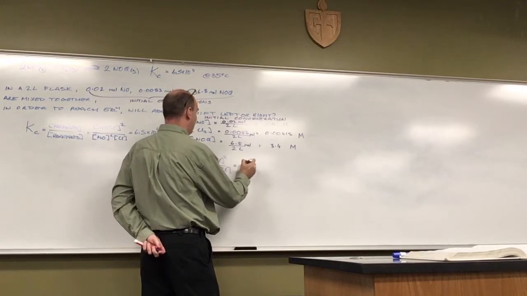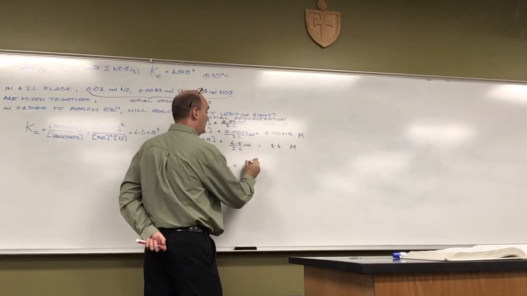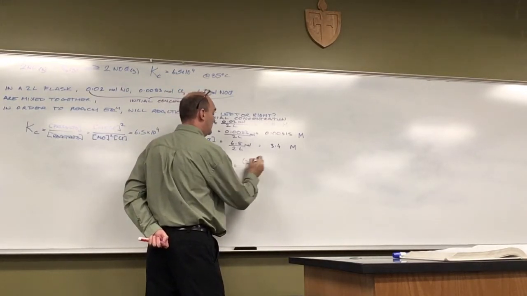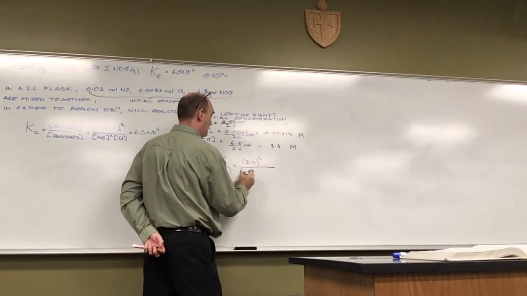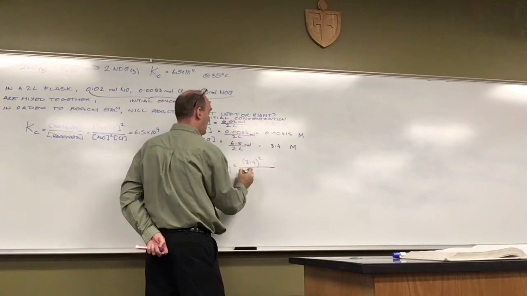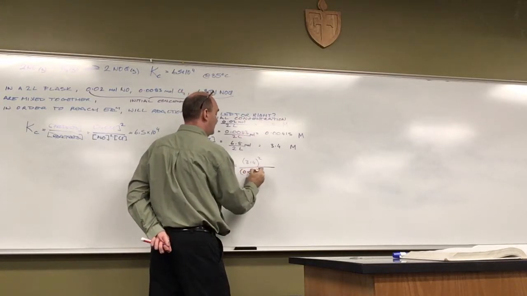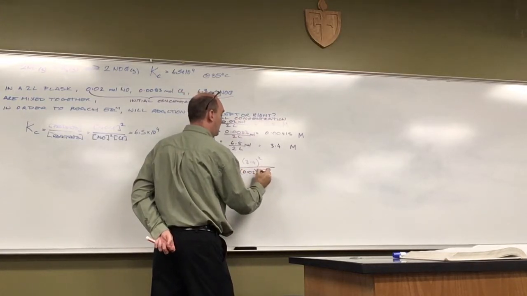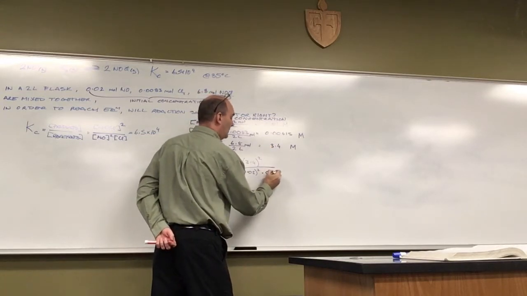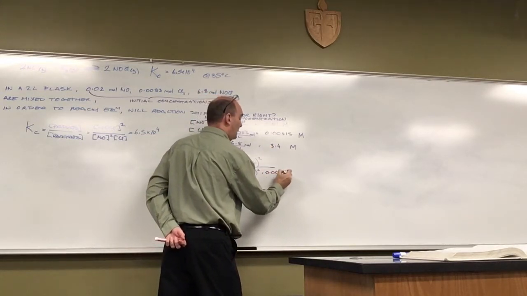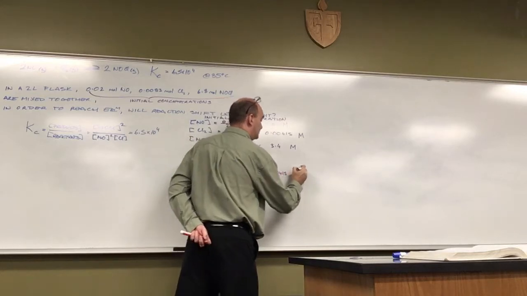Which is 3.4 squared divided by 0.02 squared times 4, 1, 5.